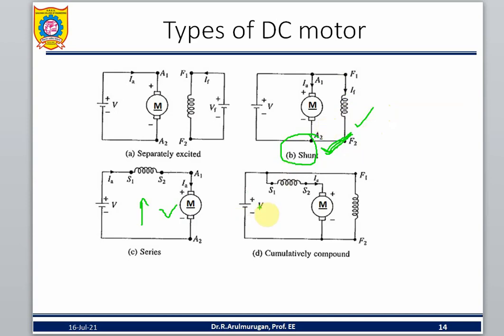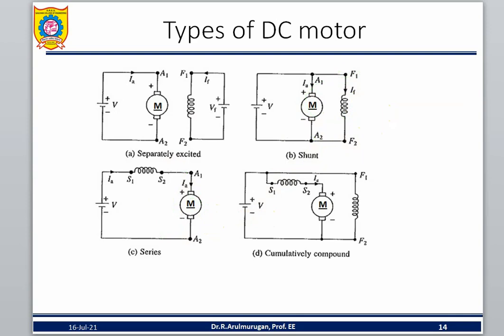Okay, that is the torque-wise differentiation. The next one is speed-wise. I said the shunt motor is a constant speed application, like a fan constantly rotating. If you want variable speed and variable rotations, then use the series motor.